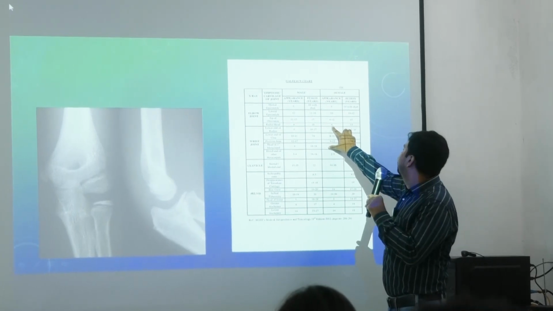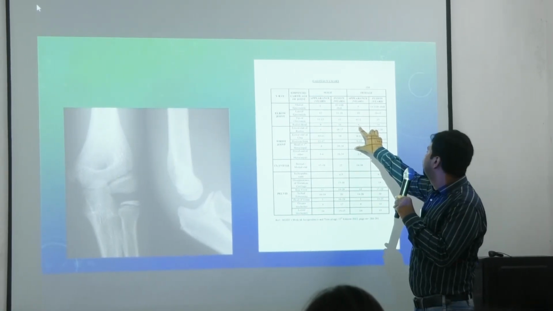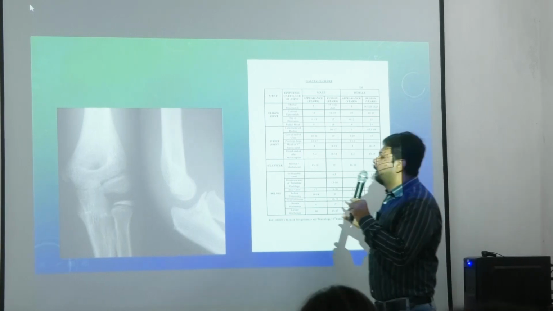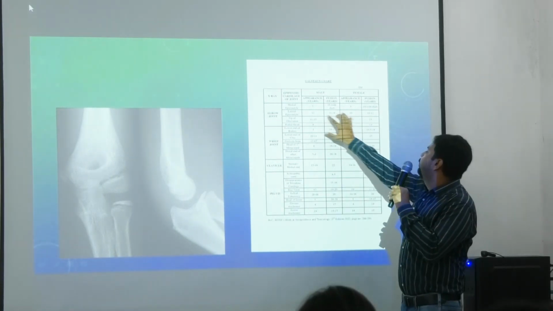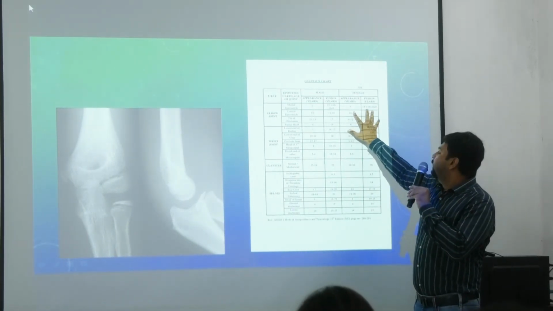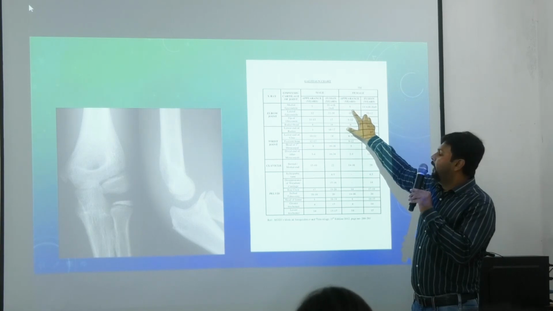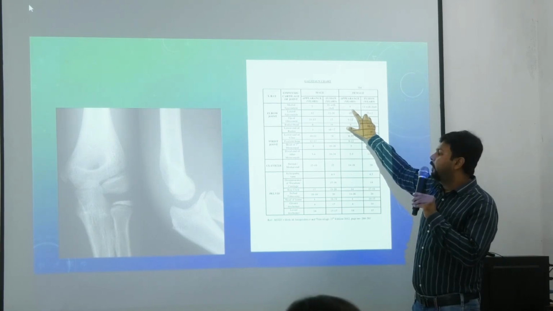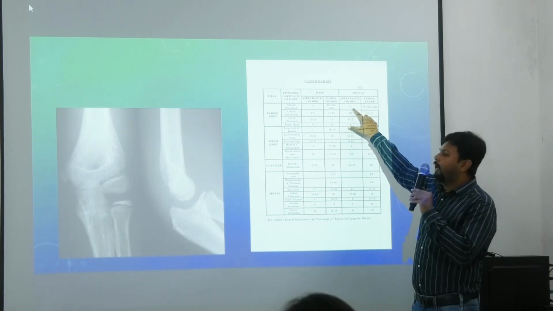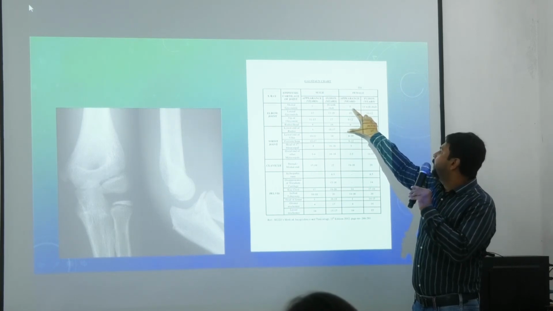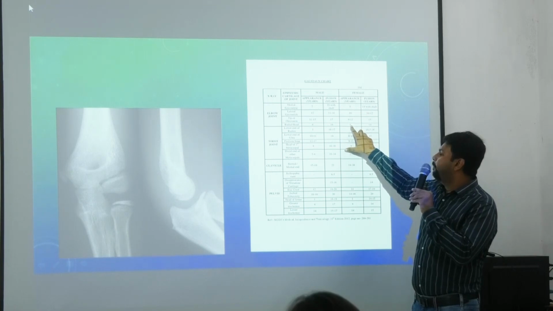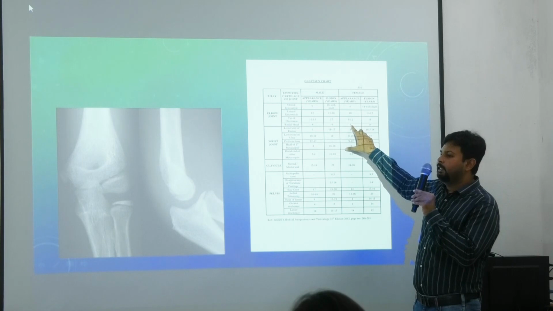Let's start with the first parameter, medial epicondyle. Medial epicondyle has appeared but not fused, so above 5. Radial head appeared but not fused, so above 6 years.